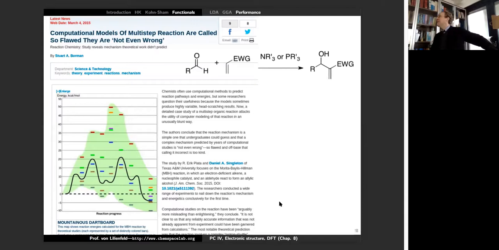I see that we reached noon. I still had some papers from the literature which were recently published by my lab, where we also looked at different density functionals. I will show you those tomorrow.